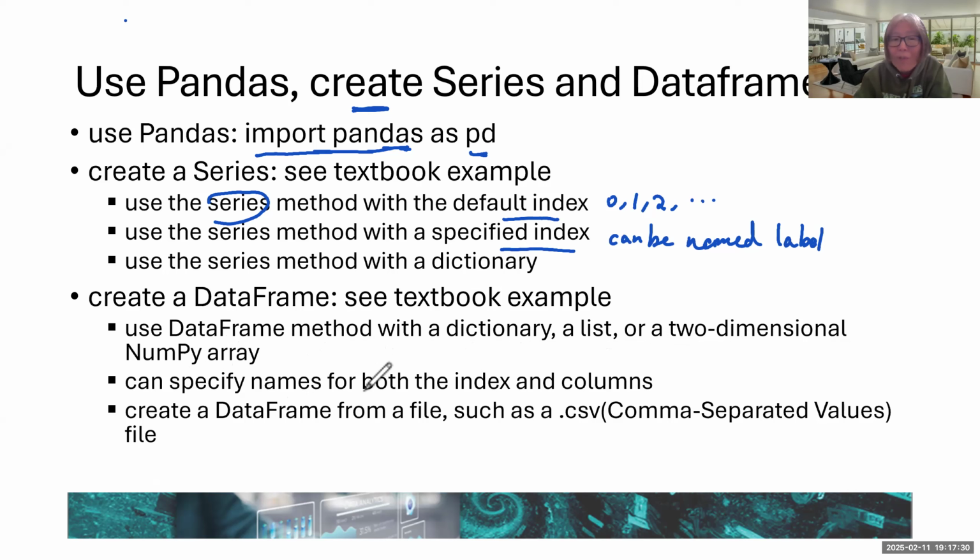If you specify, then you can specify label names for index and column. For rows they call it index, for columns still call it column. We can also create a data frame from a CSV file. The remaining chapters all discuss this, and we are going to use CSV files, which are comma separated values.